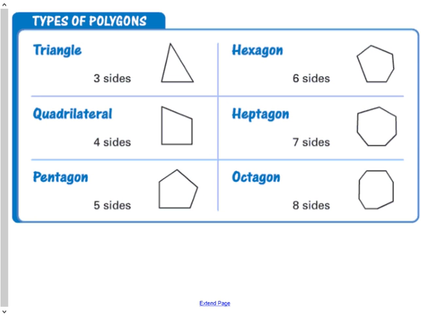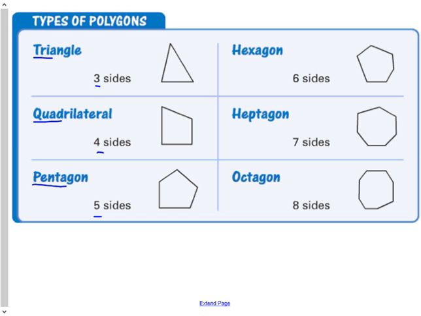Next, there are different types of polygons. We've got triangle, quadrilateral, pentagon, hexagon, heptagon, octagon, and pardon me, there's more than 6, but these are the ones we have. Any 3-sided figure would be called a triangle, any 4-sided would be called a quadrilateral, and based on the number of sides, we've got a name.